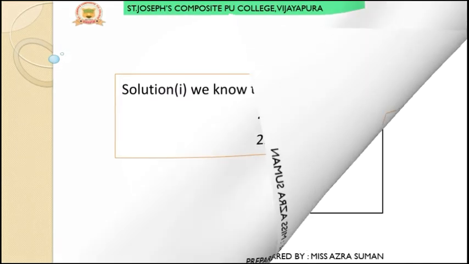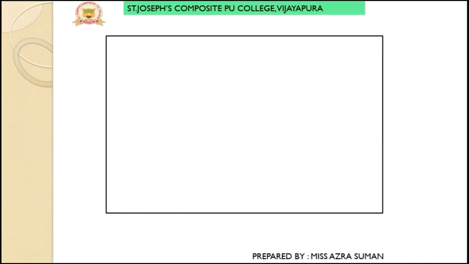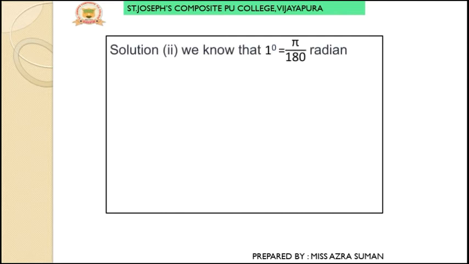Now the solution for the second problem is, we know that 1 degree is equal to pi by 180 radian. We have to calculate for minus 47 degree 30 minutes.